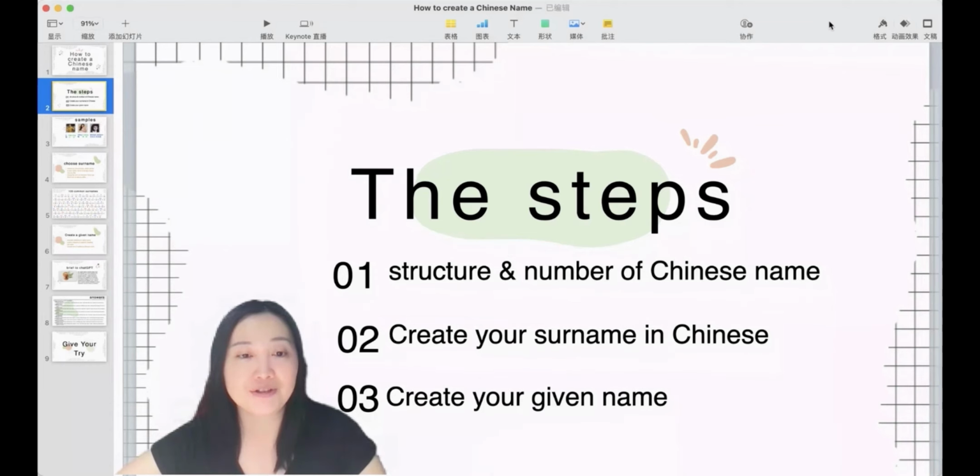And step 2, I will give you very clear instructions about how to create your surname in Chinese. And step 3, I will demonstrate how to create your given name.